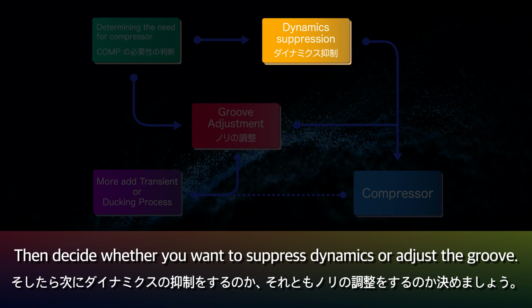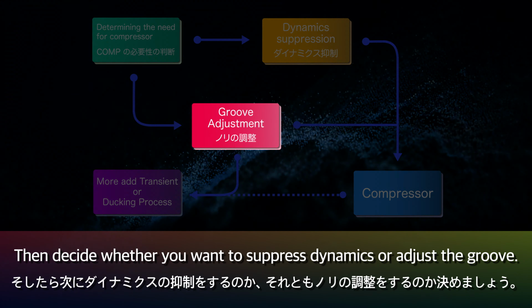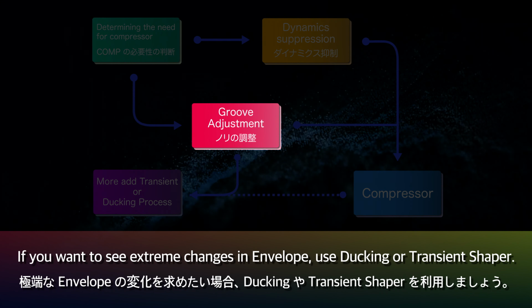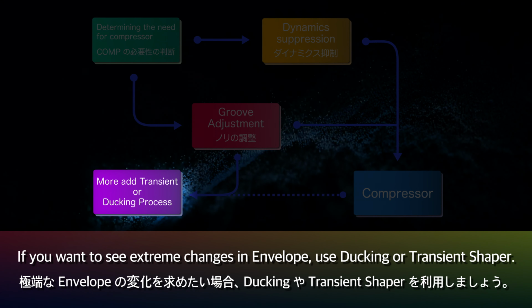Then decide whether you want to suppress dynamics or adjust the groove. If you want to see extreme changes in the envelope, use ducking or a transient shaper.